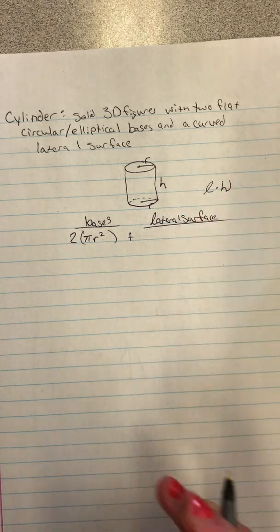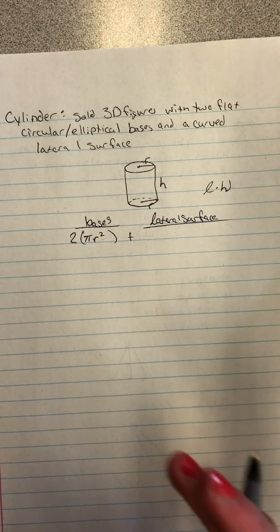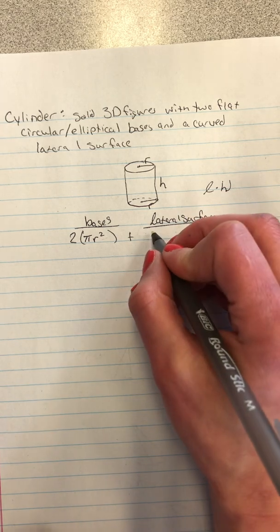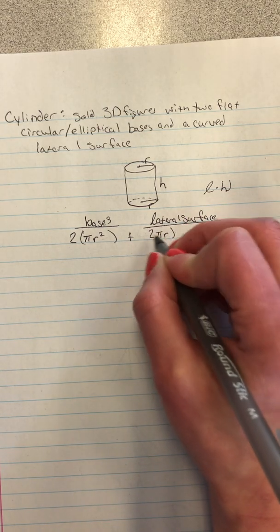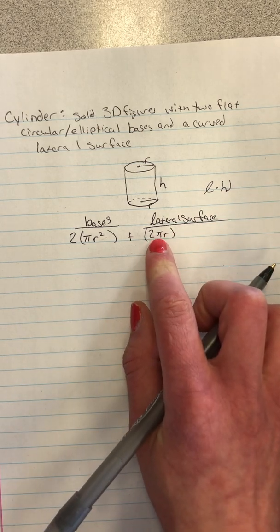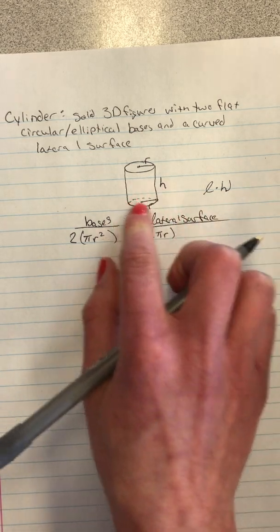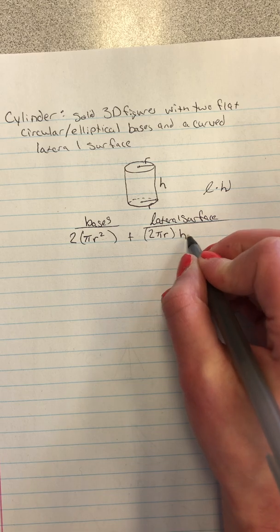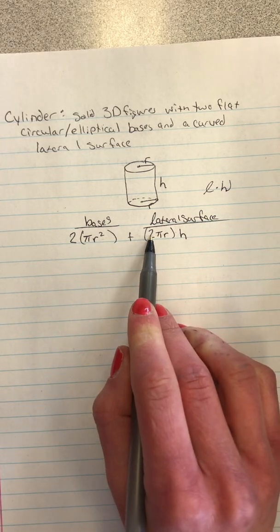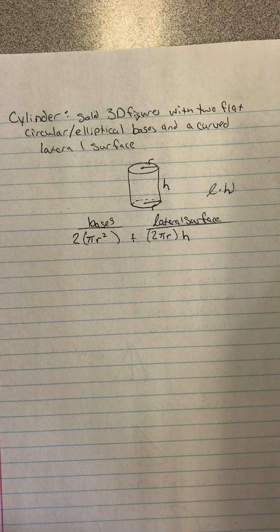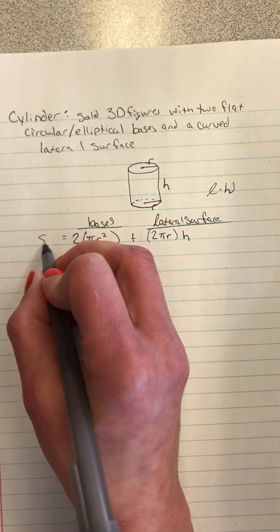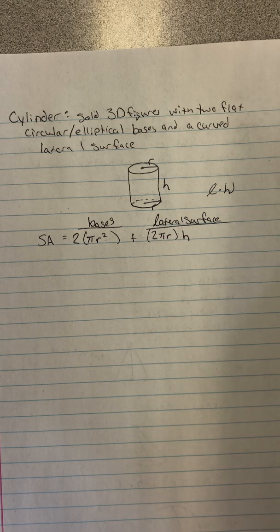But we know our length is going to be the circumference. So to find the circumference, we're going to do 2 pi times the radius. That is our circumference formula. And the width of our rectangle is the height. So the lateral surface is 2 pi r times height. Make sure you write down this formula, surface area of a cylinder.